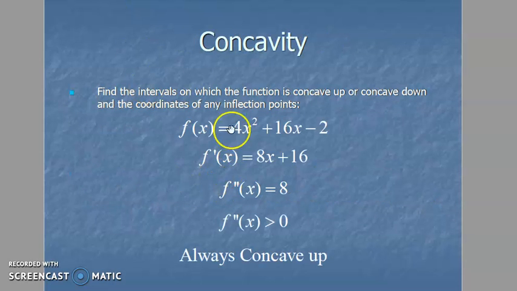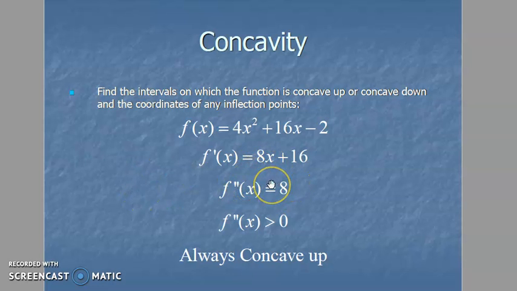We will see the first example. The first question is to find the intervals on which the function is concave up or concave down, and find the coordinates of any inflection points. The function is f of x equal to 4x square plus 16x minus 2. The derivative will be 8x plus 16.